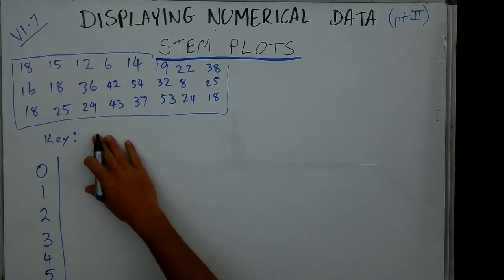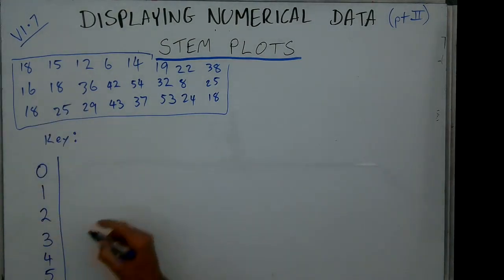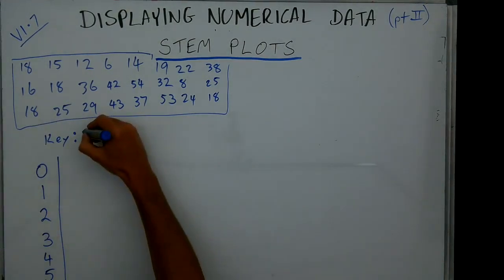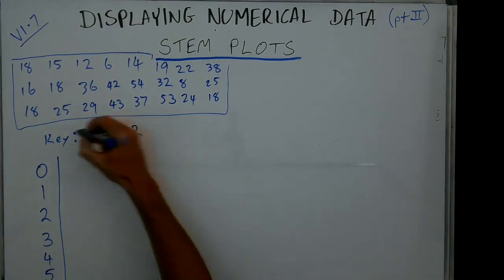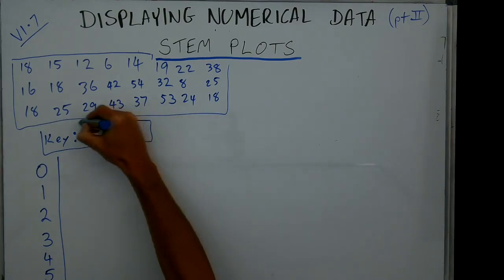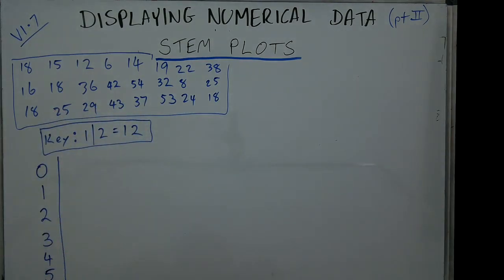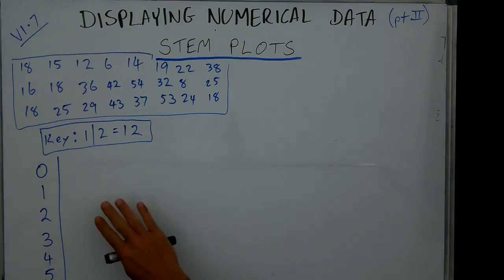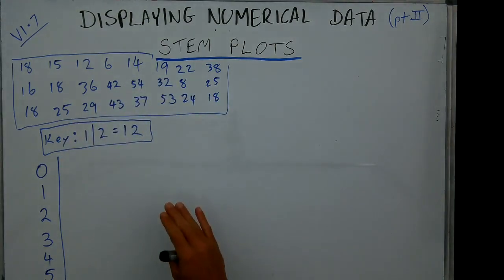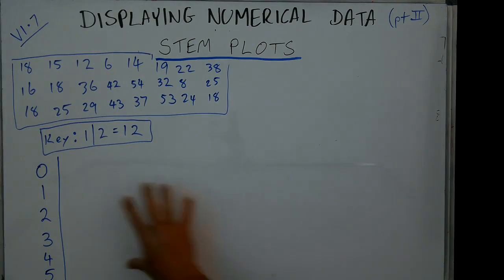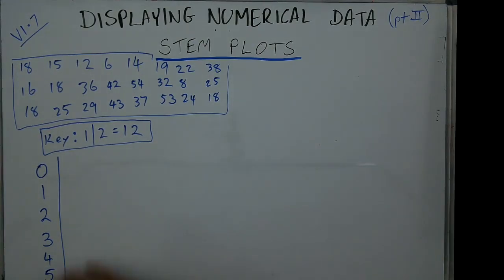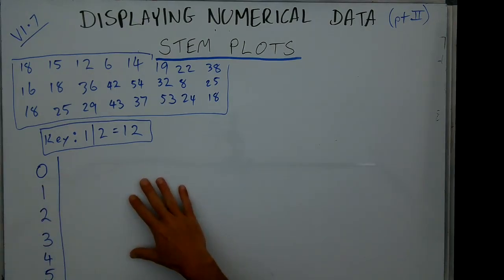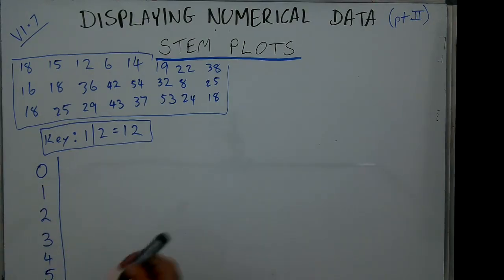It's just the indication of how to read the plot. So let's just say 1 line 2 will equal 12. Okay, so first I'm going to do this out of numerical order, and then I'm just going to rewrite everything I do here in another representation of this, except I'll reorder everything.